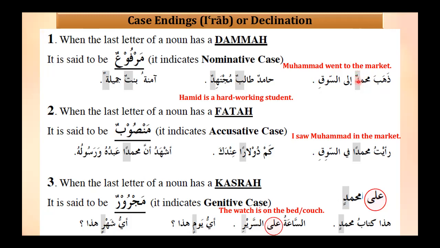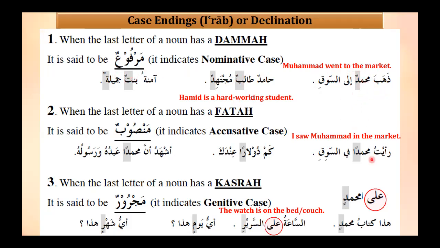And this is a tanween dhamma, as you already know from our last class. So Muhammad is the subject of this verb, which is indicated by this status, marfu'un. That is why it carries this marker at the end to indicate its status as marfu'un.